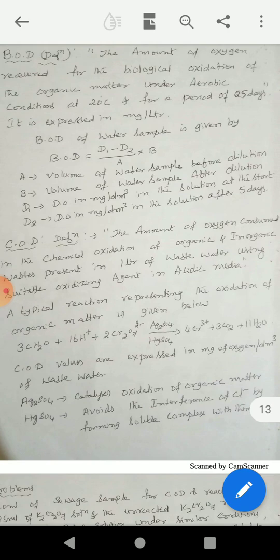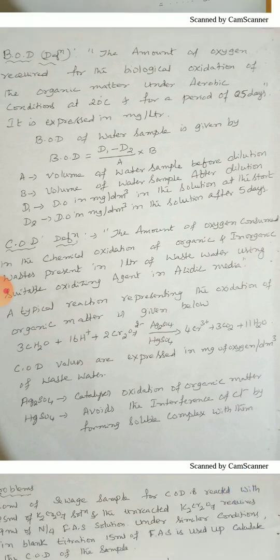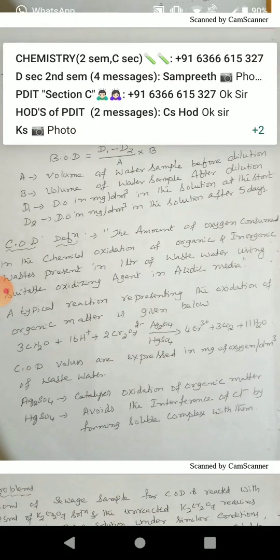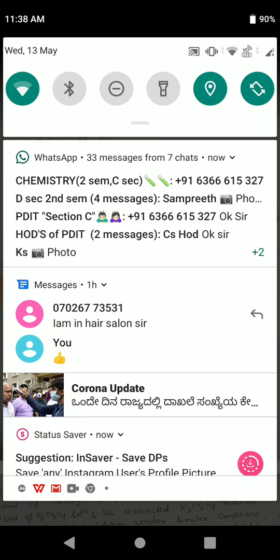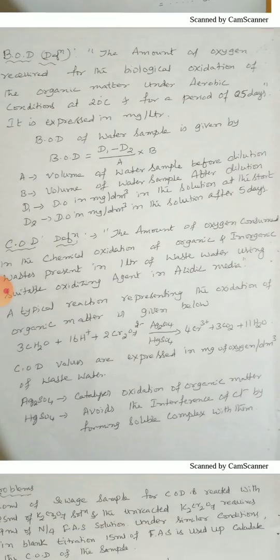BOD is equal to (D1 minus D2) divided by (A multiplied by B), where D1 is the DO value, that is the dissolved oxygen value, of a water sample determined immediately, D2 is the DO value of the water sample after a 5 day period, A is the volume of water sample before dilution and B is the volume of water sample after dilution.